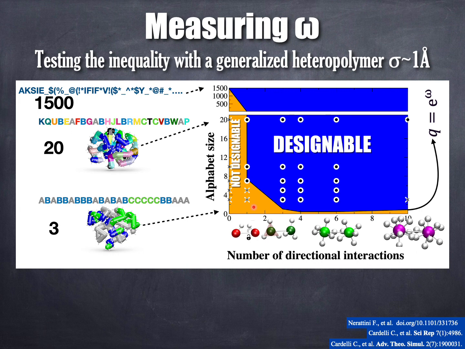We then also performed direct design and refolding of these patchy heteropolymers with different patches, and these are represented by the dots on the phase diagram. Where you see a round dot, that's where we could actually identify a sequence that folded back to the target structure. So from our direct simulation, this is a designable system, while the crosses represent a system where we could not identify such a sequence.